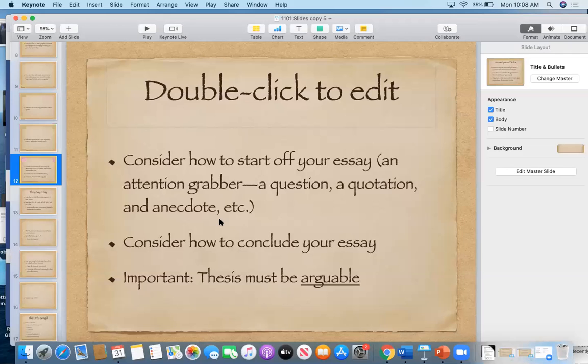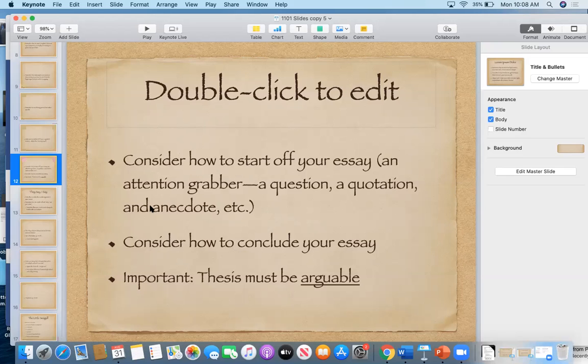Also, this last point here, thesis must be arguable. Now, what does that mean, would you think? Anyone?